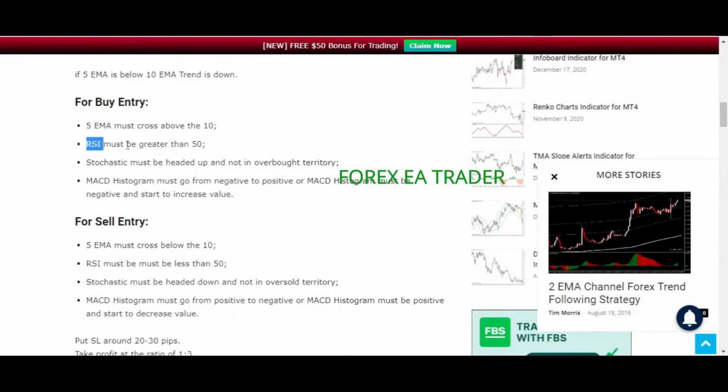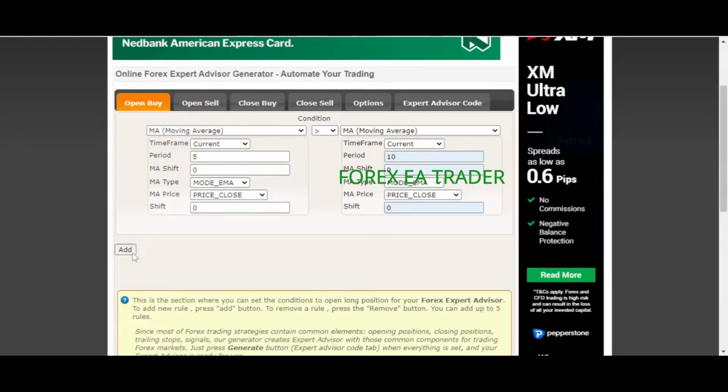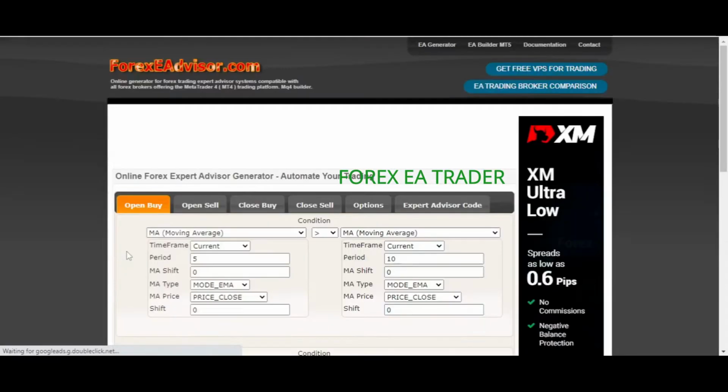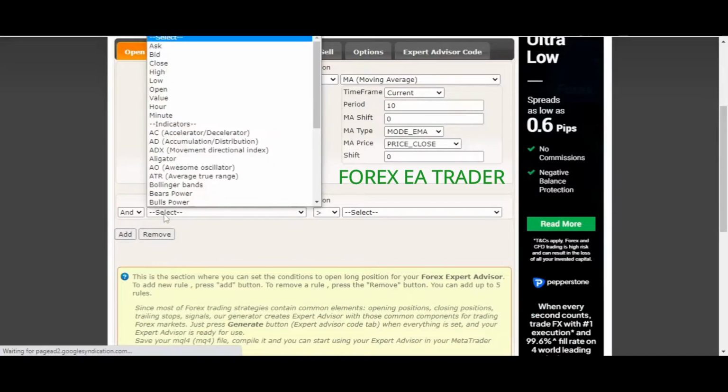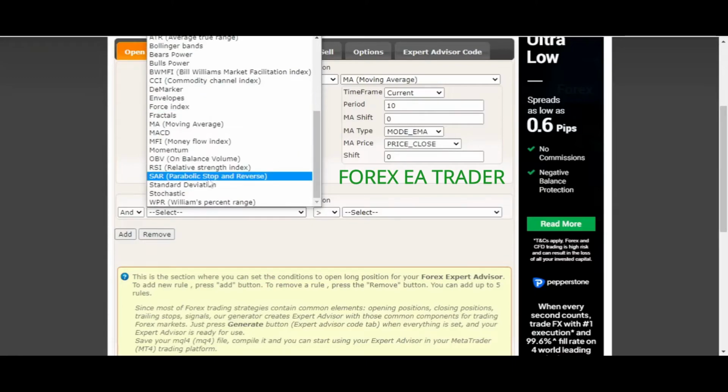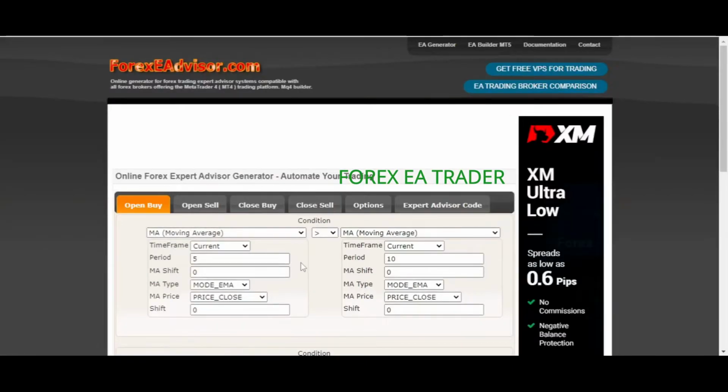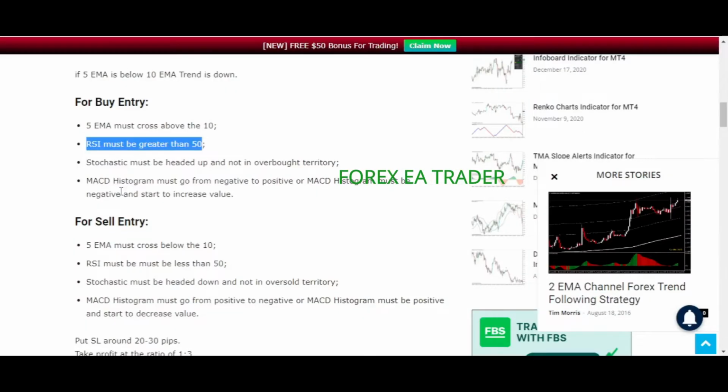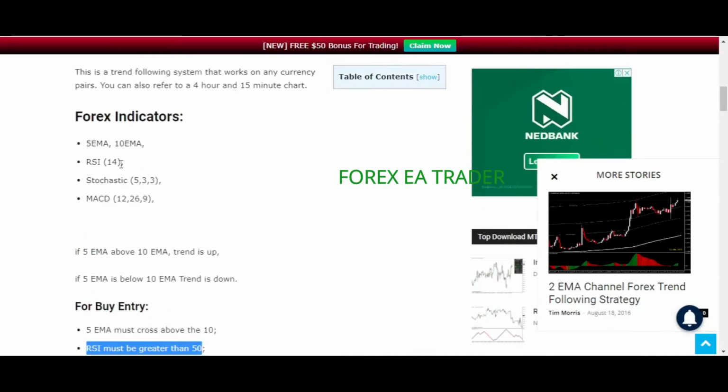Now the second condition: we need an RSI that is greater than the 50 line. So here we are going to add the second condition. We are going to have the RSI. Where is the RSI? There is the RSI, and it's going to be 14.